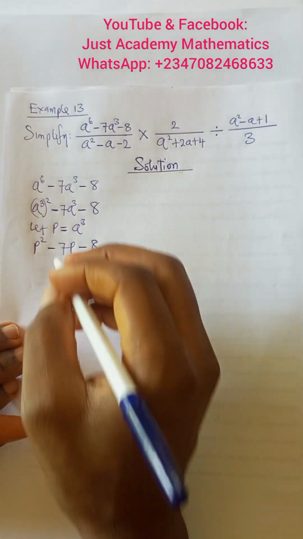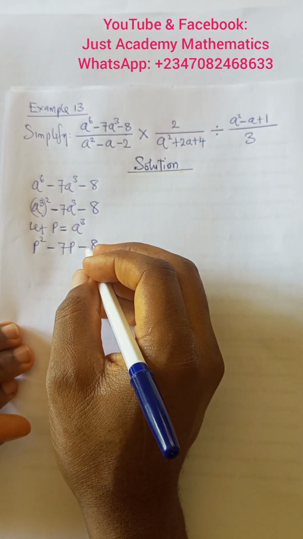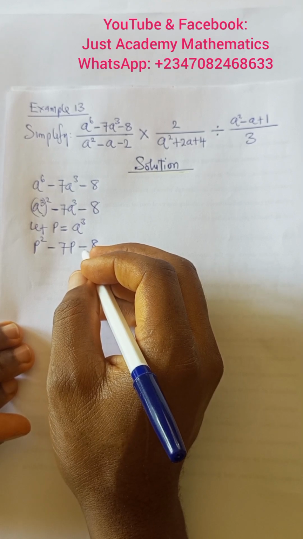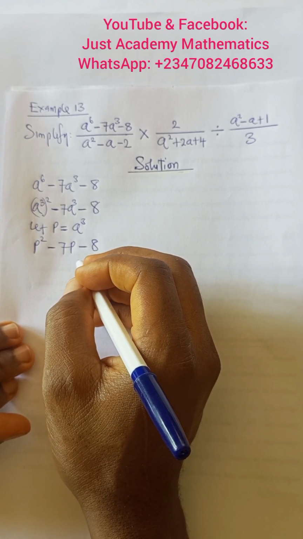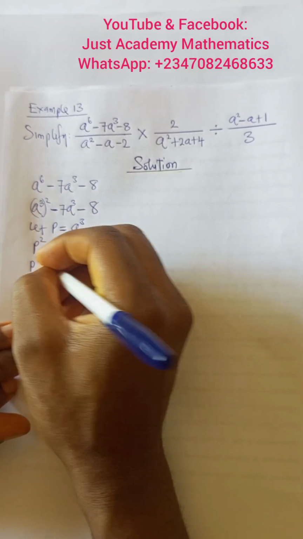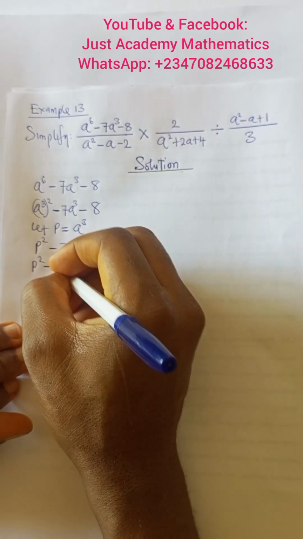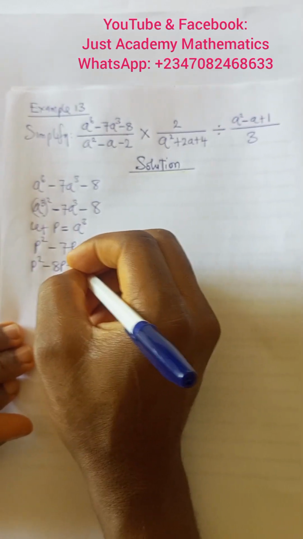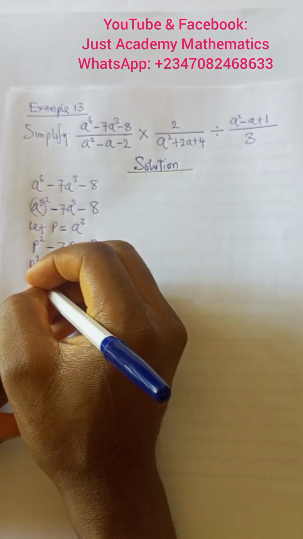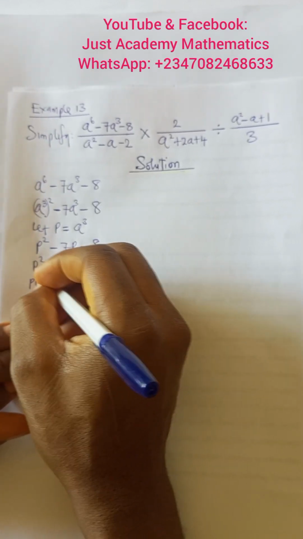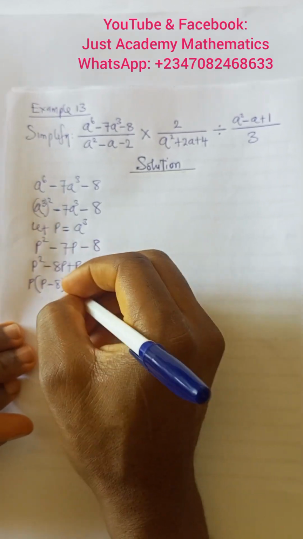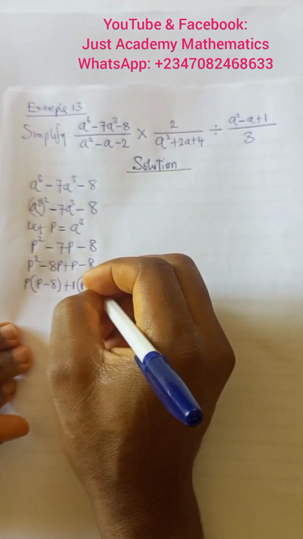Factorize this: add to give minus 7, times to give minus 8. That should be minus 8 and plus 1. So we have p squared minus 8p plus 1p minus 8. What is out? p is out, remaining p minus 8. Plus 1 is out, remaining p minus 8.